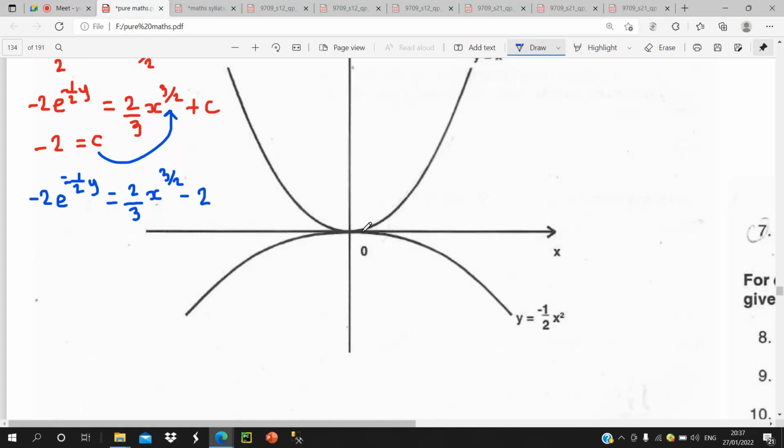To your far right, divide every term by minus 2. Then what are we going to have? e to the power of minus half y.